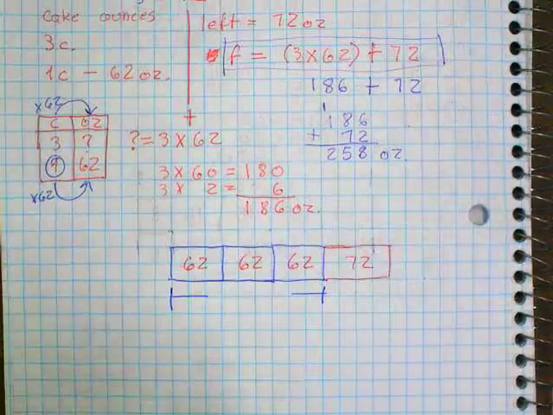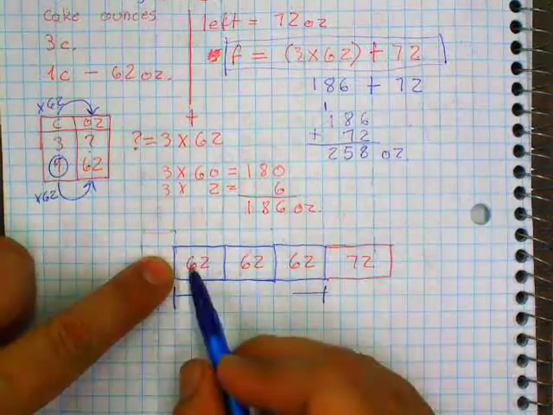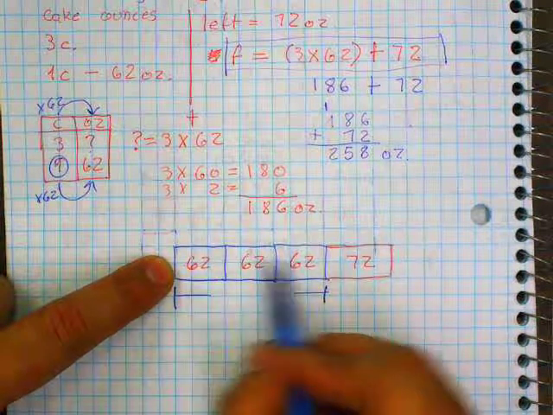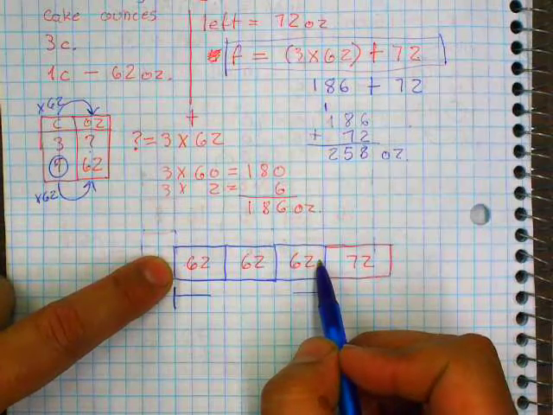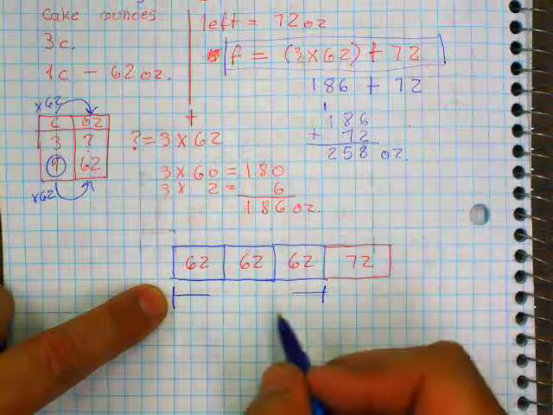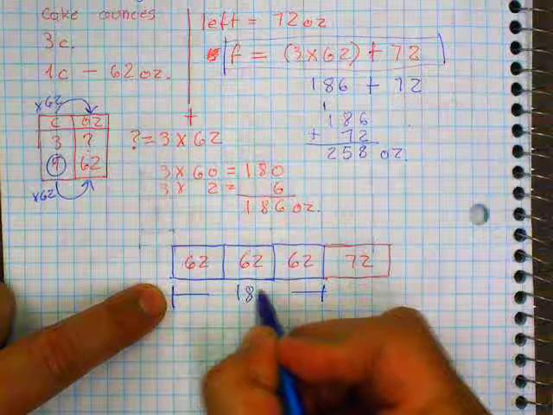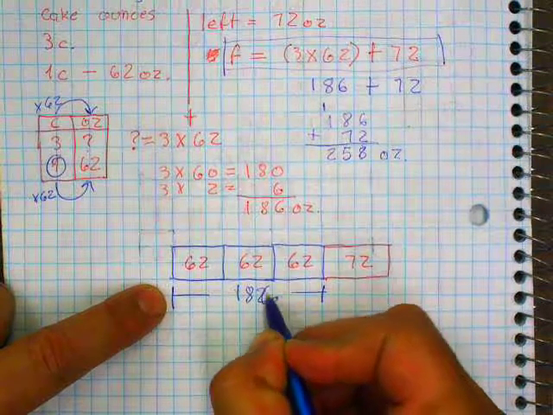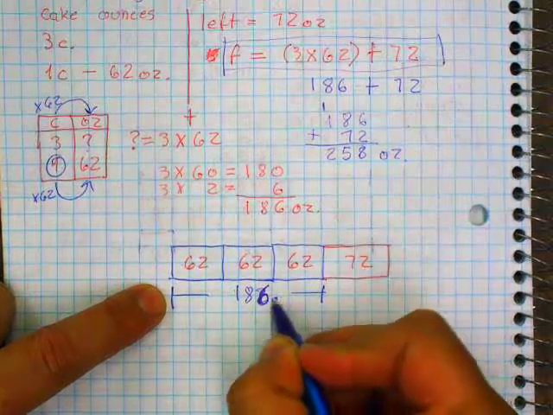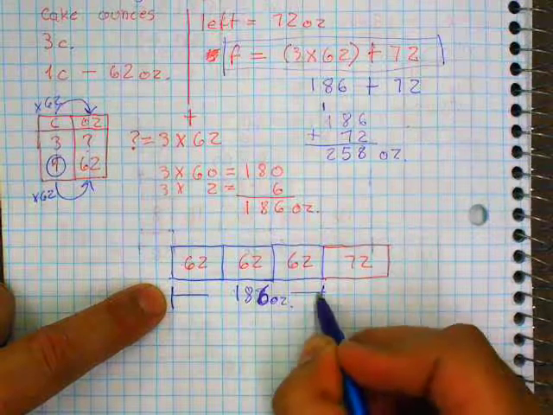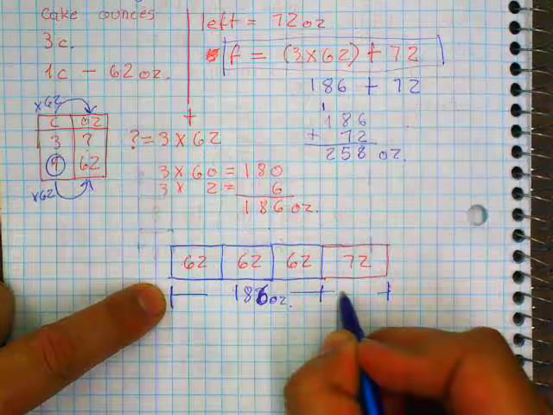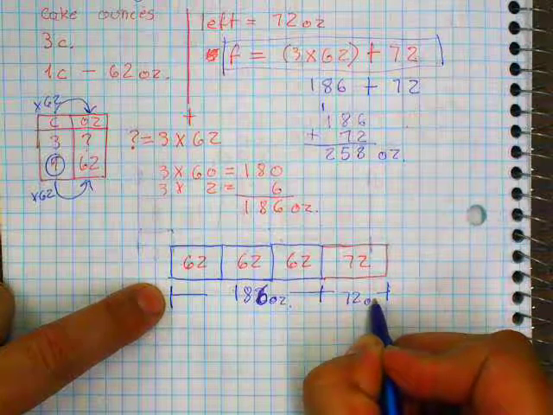I'll explain to you in a second. So, the 3 cakes with 62 ounces each, how many ounces did he use for these 3 cakes? 186 ounces. And he has these 72 ounces left at the end.